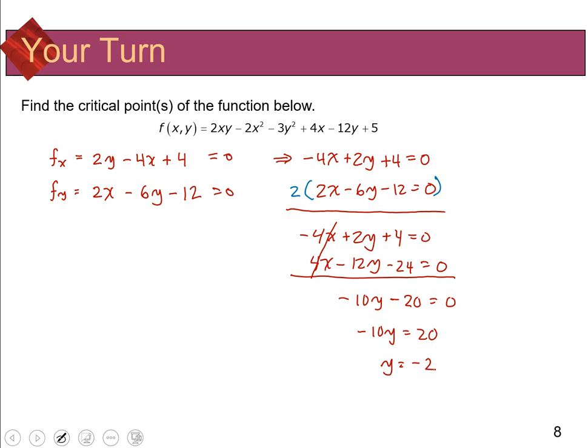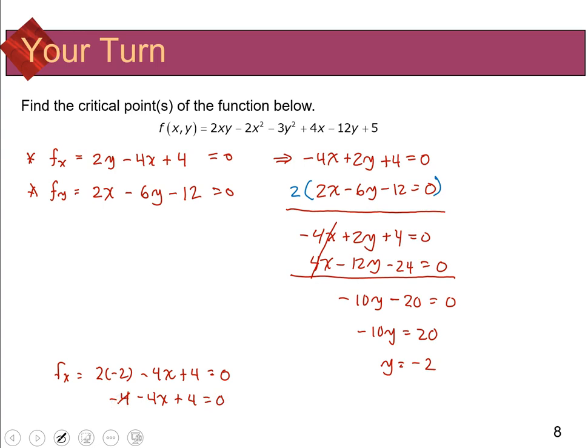And so I could go back to any one of these first equations and plug in the negative 2. I'm going to use the f of x value. 2 times negative 2 minus 4x plus 4 equals 0. So negative 4 minus 4x plus 4 equals 0.